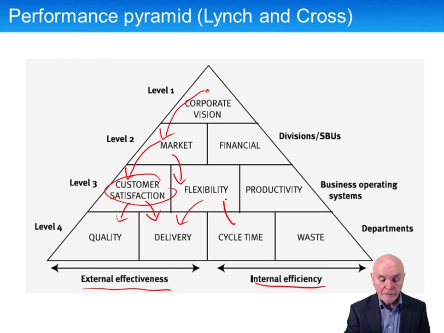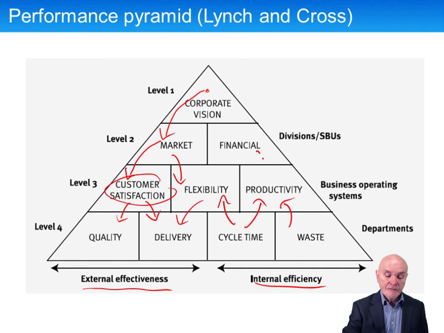But as you go up on the right-hand side, cycle time, being able to produce new products quickly or to change what you're making on the production line quickly, is going to be important to flexibility. We need to keep waste down. And both cycle time and waste are going to improve our productivity.